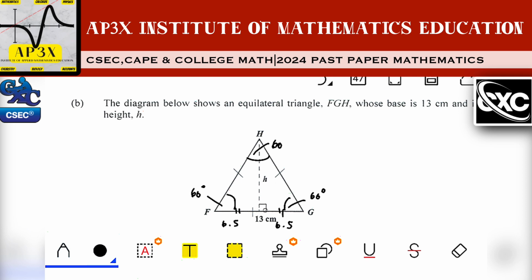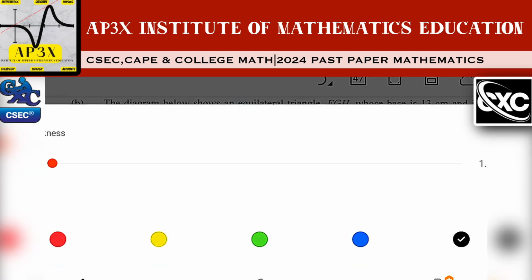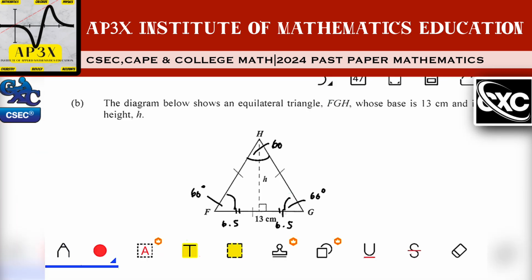So to find h then, since h is a side on the right angle triangle, we may have to use a trig ratio. So based on the rules that I've given a lot of my students here, and I will pin a link to my sine, cosine, and tangent practice paper video, you can check that out, how to use the sine, cosine.